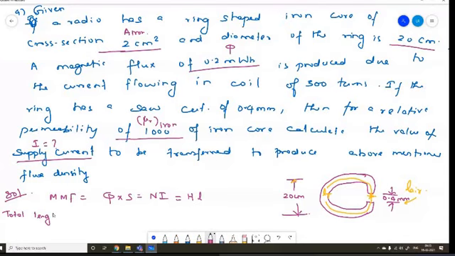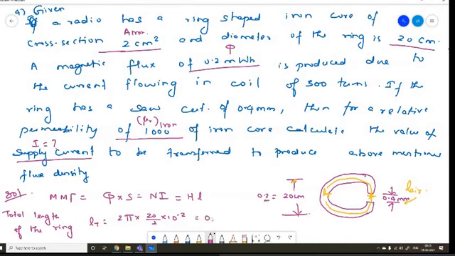Total length of the ring is 2 pi r. r will be 20 divided by 2, and I am expressing the centimeter in meter, so it is 0.2 meter.